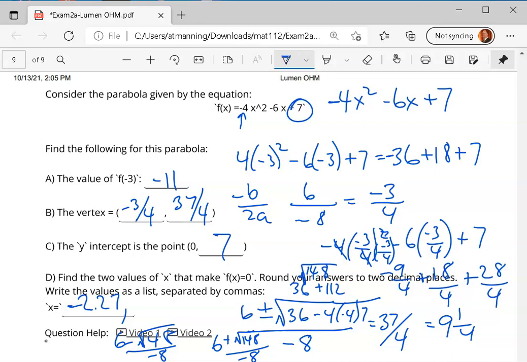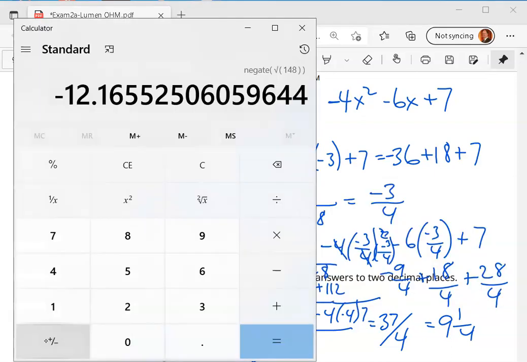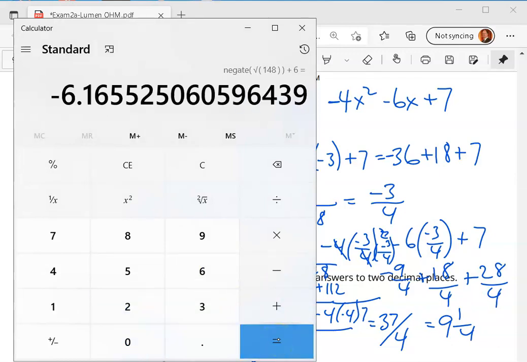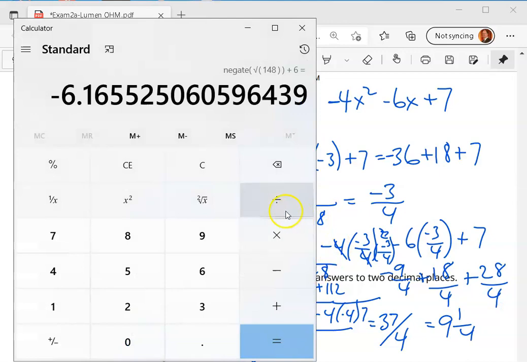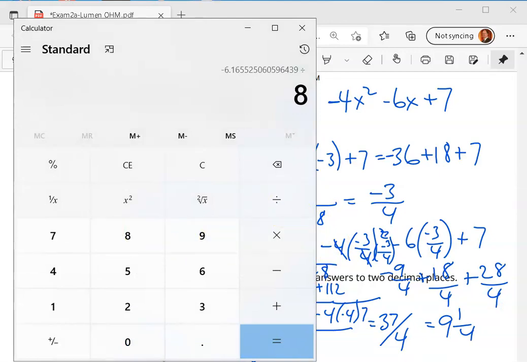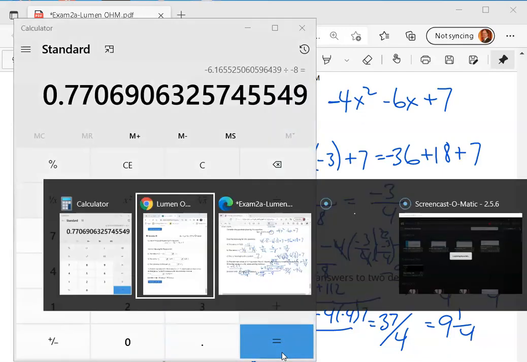And now add 6. Plus 6 equals, and now what do you divide by? Divide by the negative 8. I'll remember the sign this time, and I get 0.77.